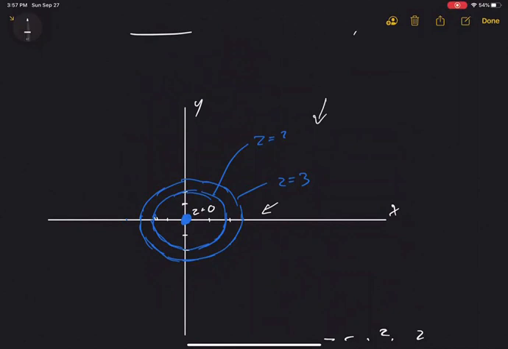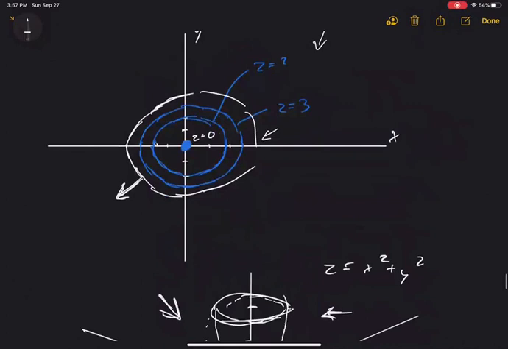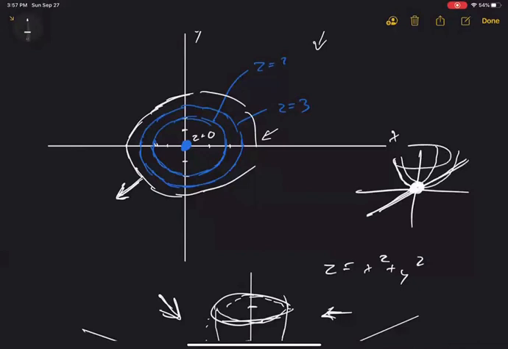And we see that, okay, as these circles move outwards, our z is getting bigger and bigger. Maybe it's not enough to get a super clear picture, but it's like saying, in R3, I'm here at the center, and as I move away from the center, I'm getting higher up, no matter what direction I go. So I get these curves, and then maybe I can put them all together and get my three-dimensional shape.